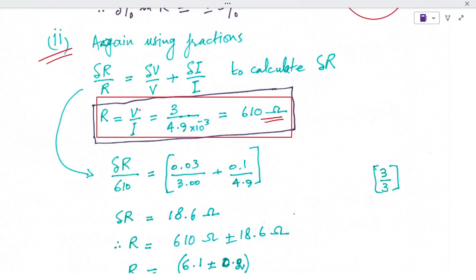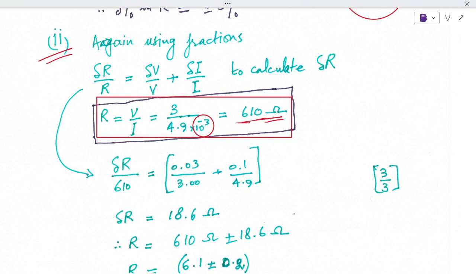So milliamperes must be converted into ampere. The value of milli is 10 power minus 3, so I write down 10 power minus 3 multiplied by 4.9, and resistance works out to be 610 ohms.